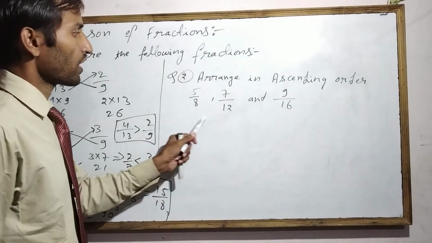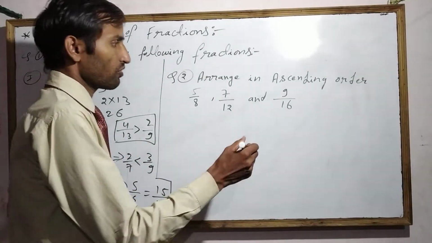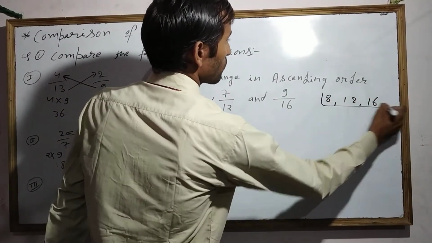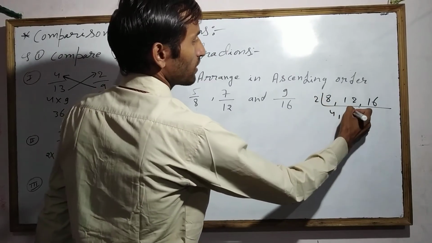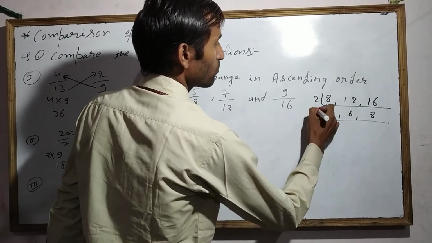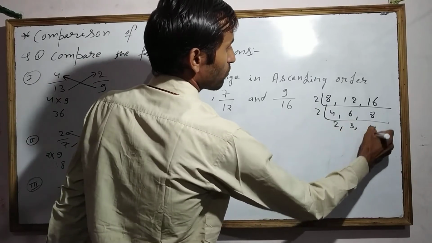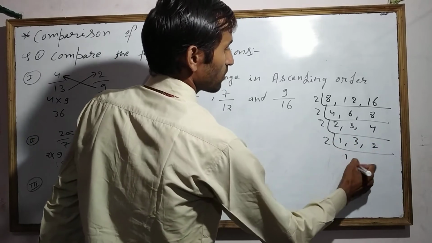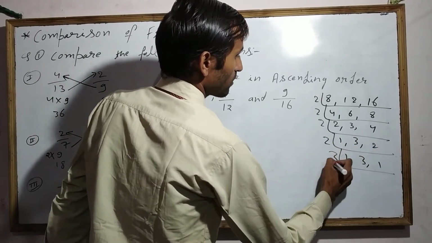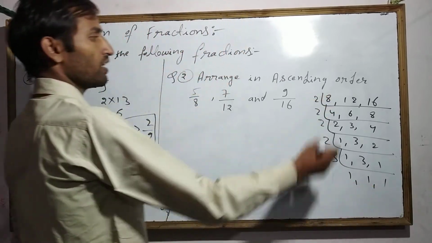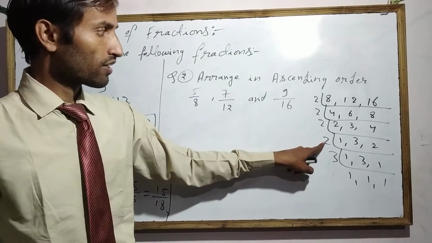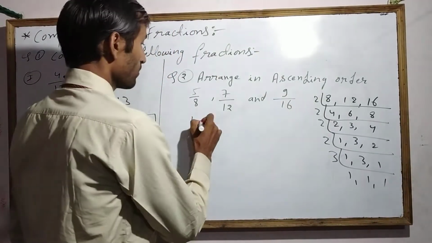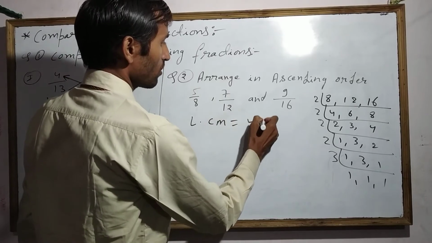In that case we have to find the LCM first. So find the LCM of 8, 12, 16 by dividing by 2, then 2, 2, 3, and so on. Now multiply: 2 twos are 4, 4 twos are 8, 8 twos are 16, 16 threes are 48. So the LCM is 48.